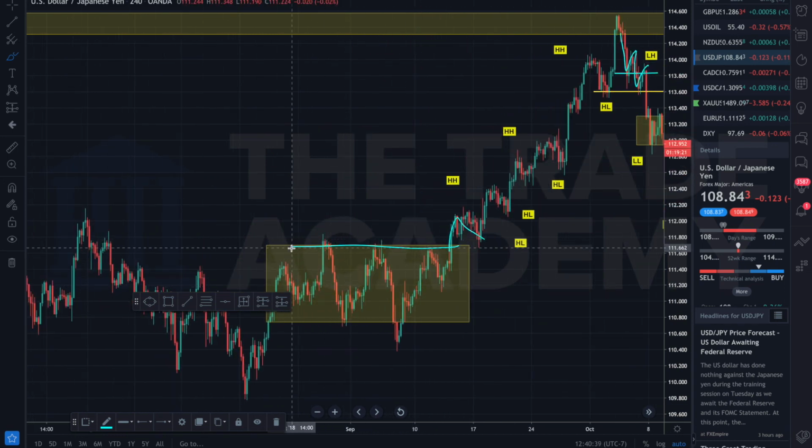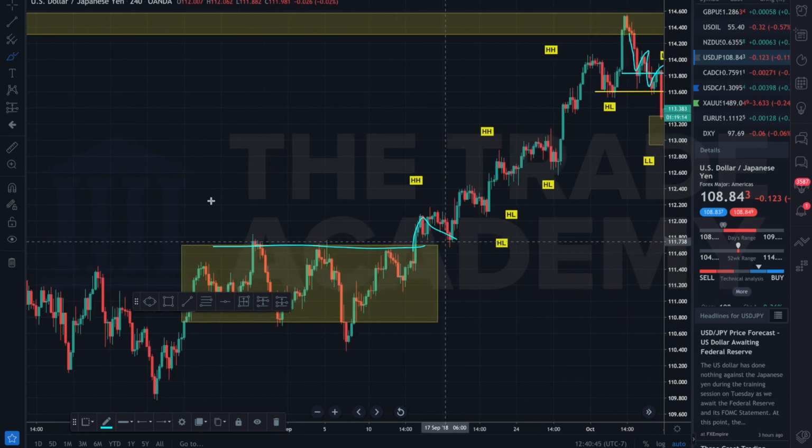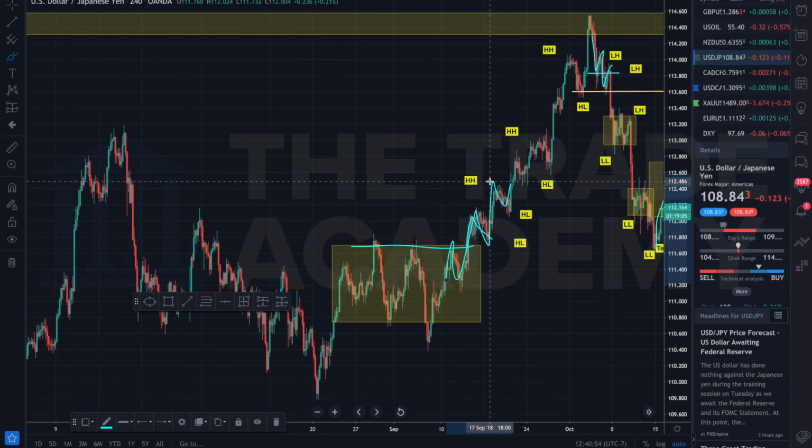Right here we had clear resistance. We have this time period where the market was moving in a range, not necessarily trending. We could see that we actually broke above this range, retested, and then headed to the upside with an uptrend, right? So like I said, you could have a lot of different variations.